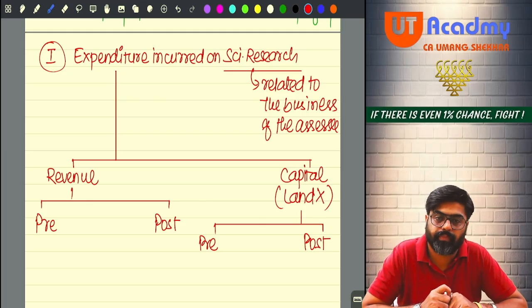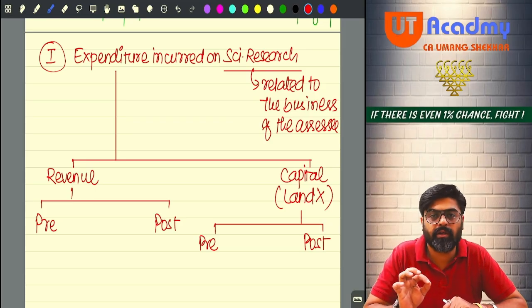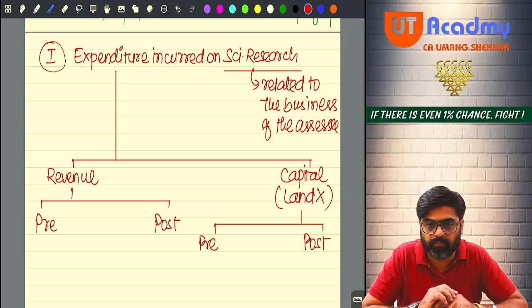Pre-commencement means what? The expenditure which was incurred within 3 years immediately preceding the date of commencement of business.